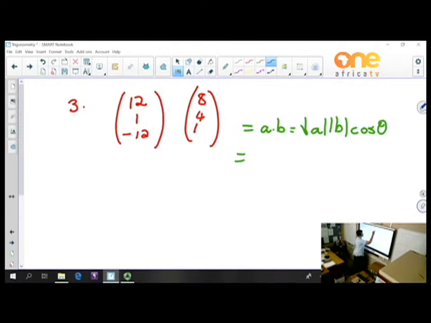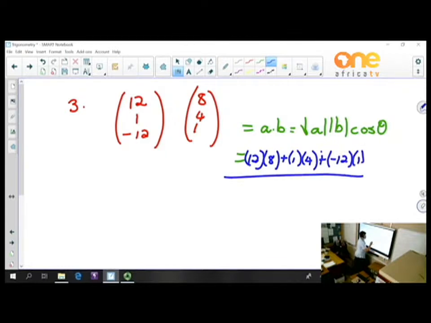Now, what is i·i plus j·j plus k·k now? It is 12 times 8, plus 1 times 4, plus negative 12 times 1. I'm going to bring this down immediately, is equal to cosine theta.